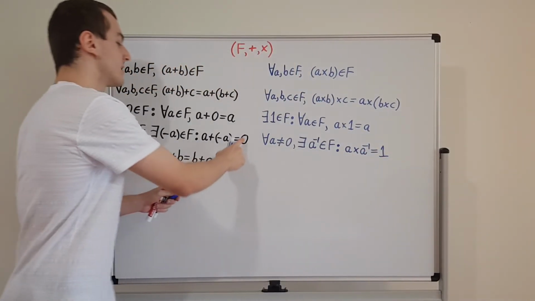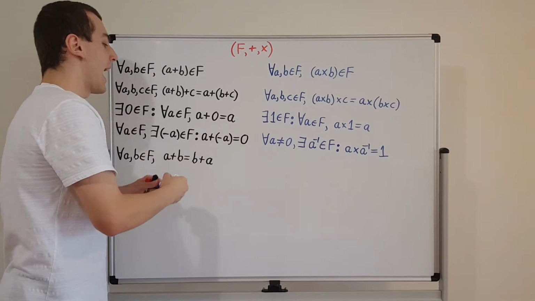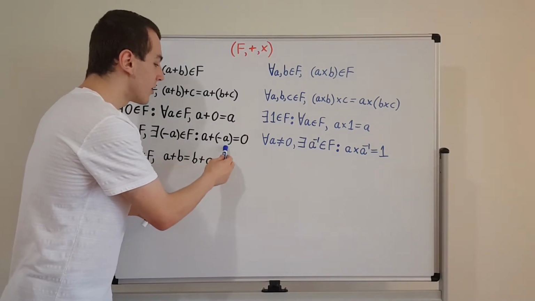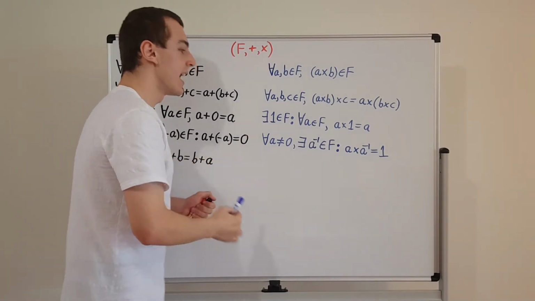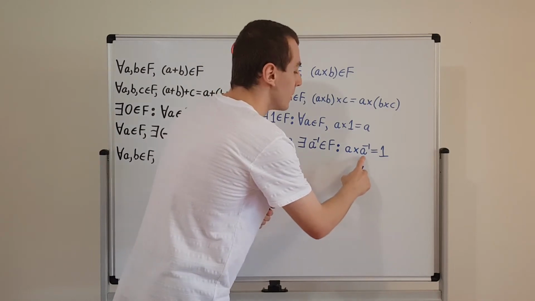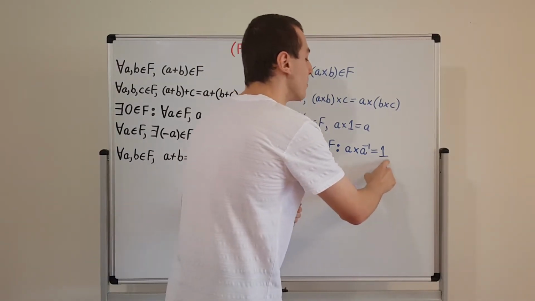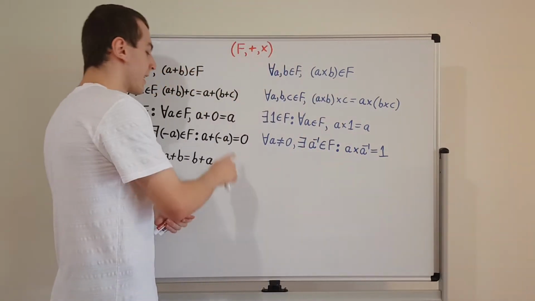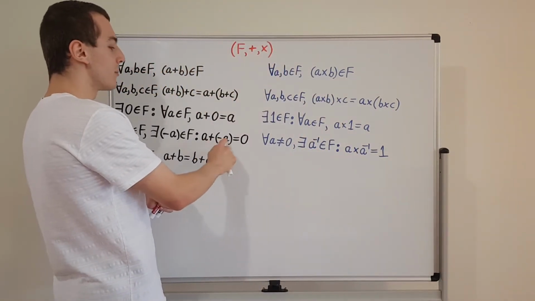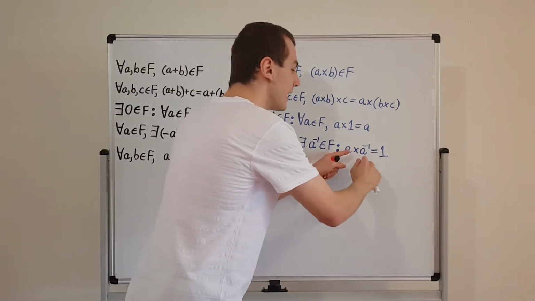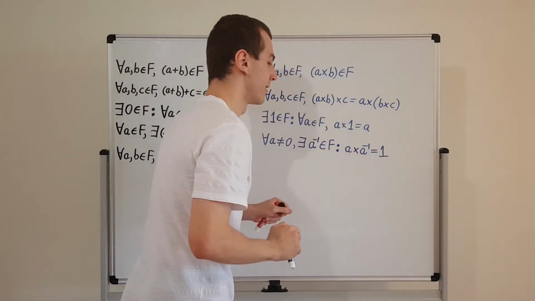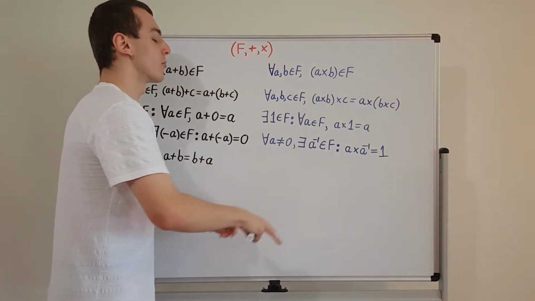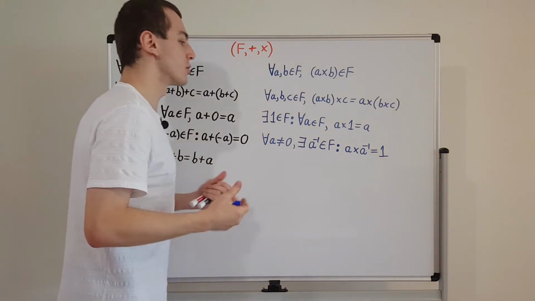And this is analogous to what we have over here. Adding the additive inverse gives back the additive identity, and multiplying by the multiplicative inverse gives back the multiplicative identity. That's a bit of a mouthful, so it's easier to say subtracting off the same number gives you back 0, and multiplying by the reciprocal gives you back 1. So that's what we're familiar with from our intuition about how numbers work.